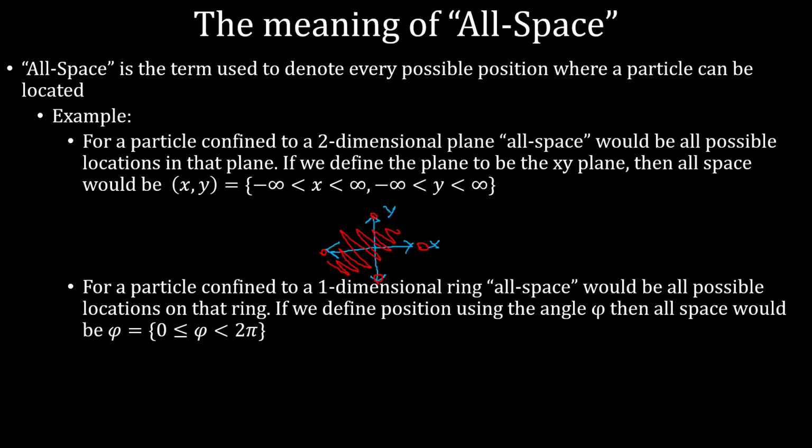As another example, if we go back to a particle confined to a one-dimensional ring, so remember that was the case we had earlier where we had a particle moving around in a circle, all space would be all possible locations on this ring. And if we're marking where the particle is using phi, then all space would be all possible values of phi. Since a circle is 2 pi radians, phi would be confined to be between 0 and 2 pi, and that is how we would represent all space.